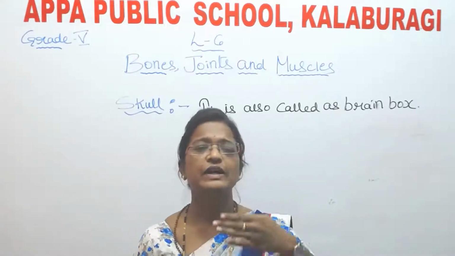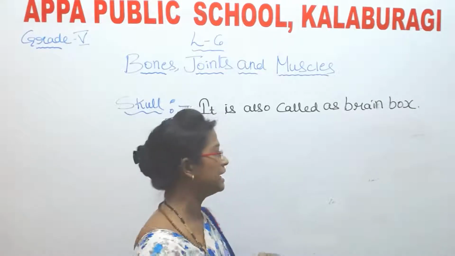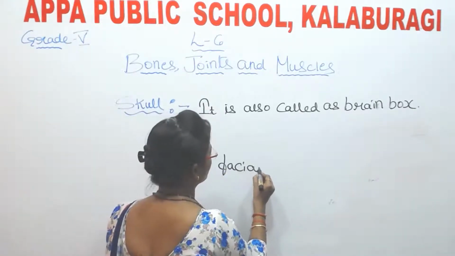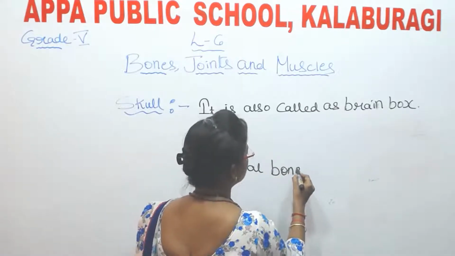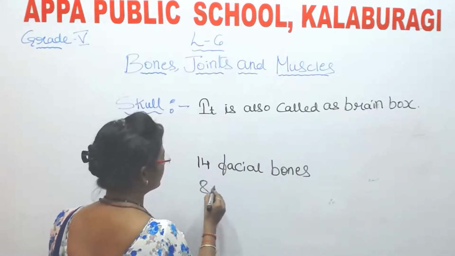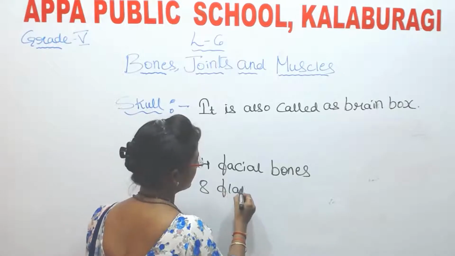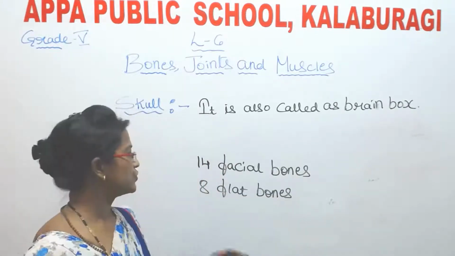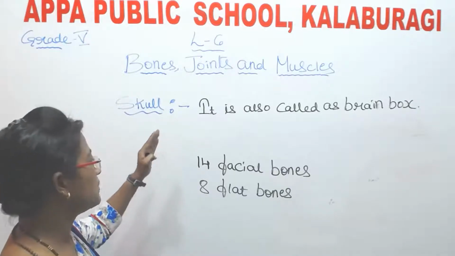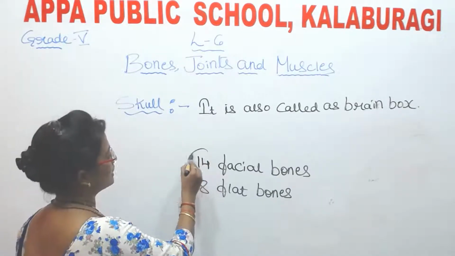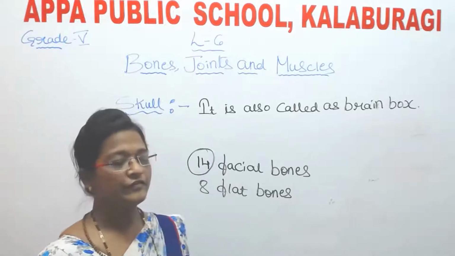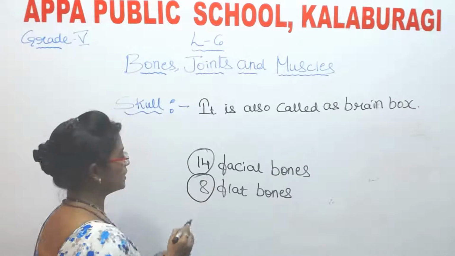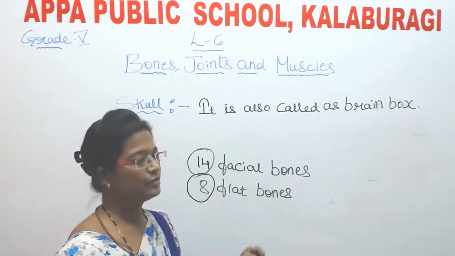The front part of our skull is made up of 14 facial bones, and the upper part is made up of 8 flat bones.